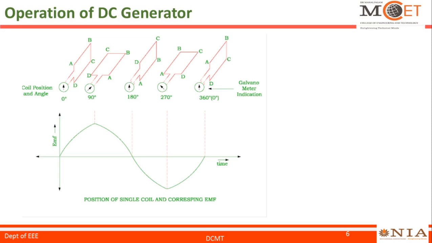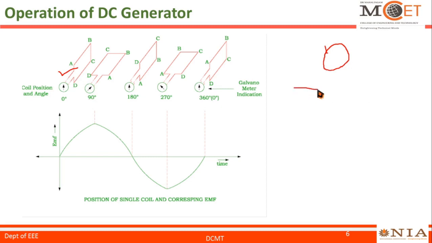We can understand the production of dynamically induced EMF with the help of the coil position at different angles. We consider the clockwise rotation of a conductor rotating in a uniform magnetic field from 0 to 360 degrees, meaning the conductor is rotating in space from 0 to 360 degrees. Refer to theta equal to 0 degrees, which indicates the position of a conductor with respect to the magnetic field.